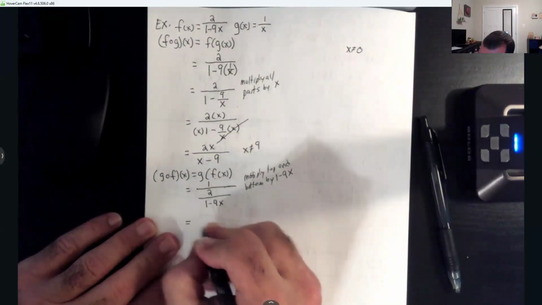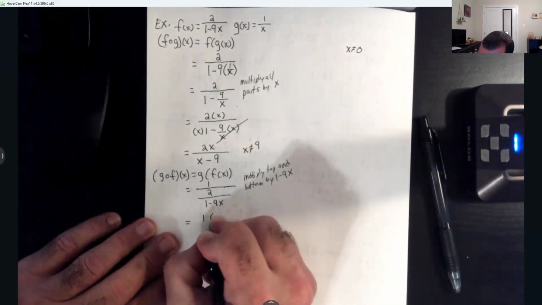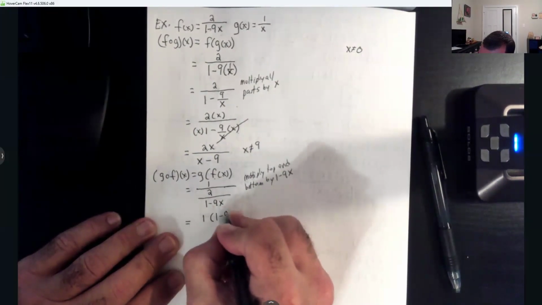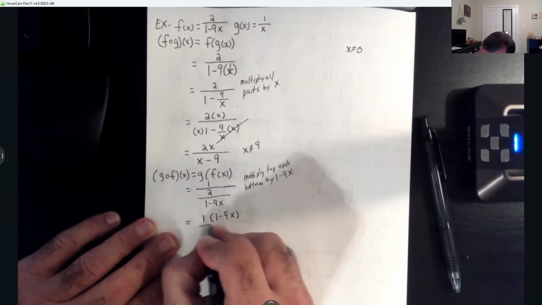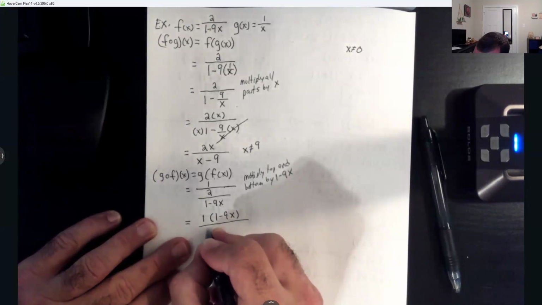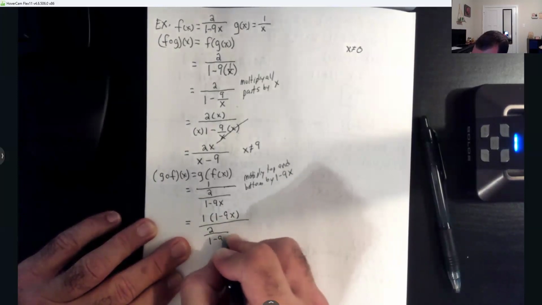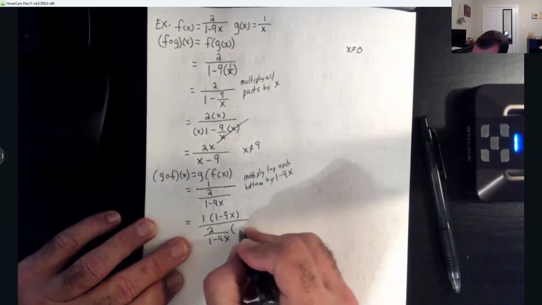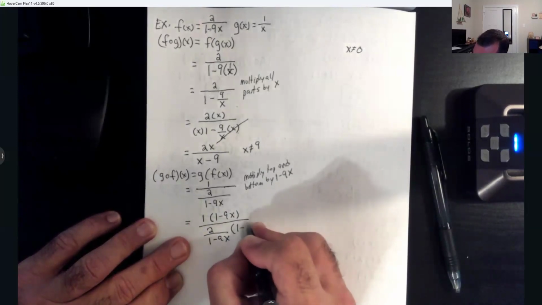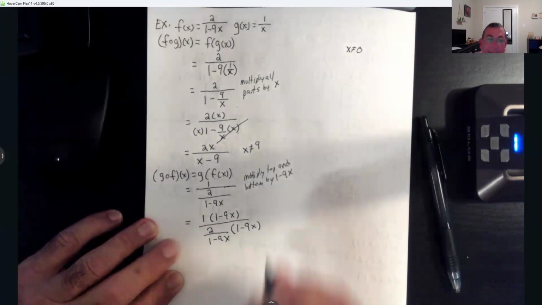Okay. So on top, I'll have my 1 times 1 minus 9x. On bottom, my 2 over 1 minus 9x will also be multiplied by 1 minus 9x.